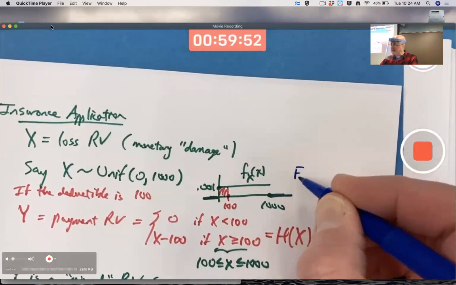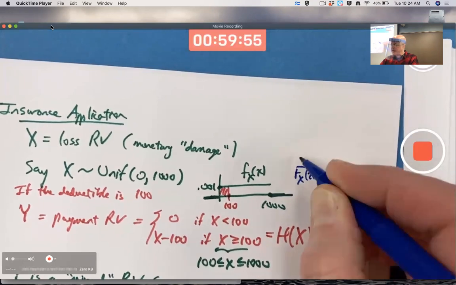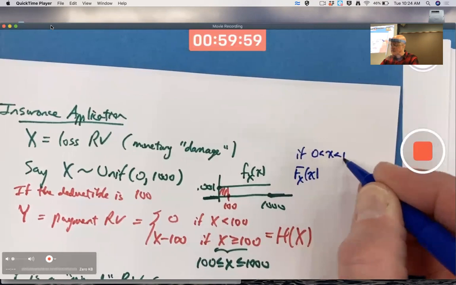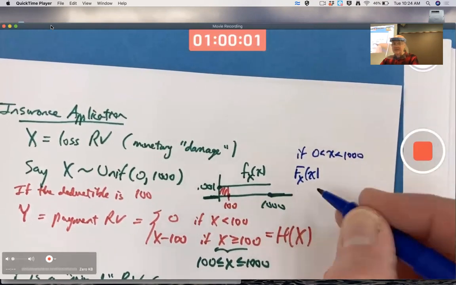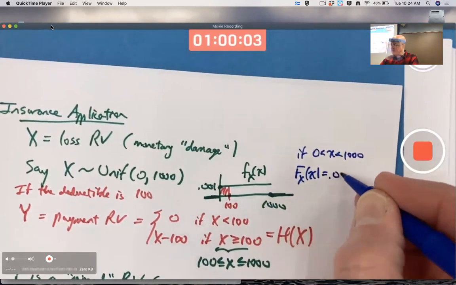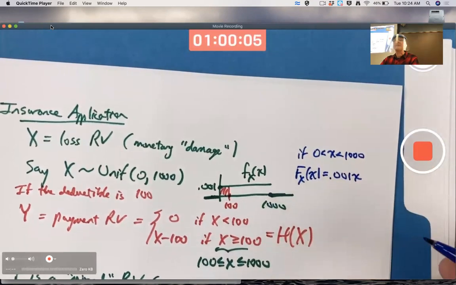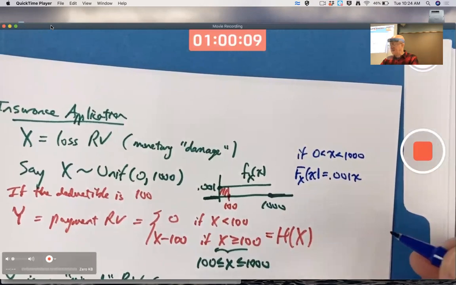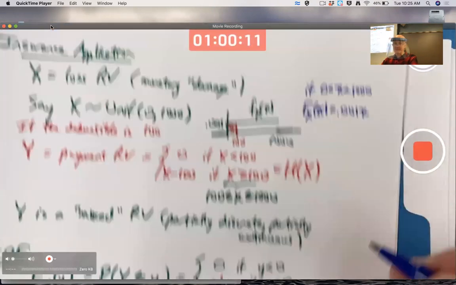The CDF of x, when x is between 0 and 1,000, integrate this, you're going to get 0.001x. That's the CDF of x. I need to use that down there. I need to replace x with y plus 100.